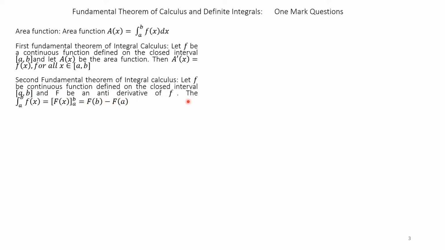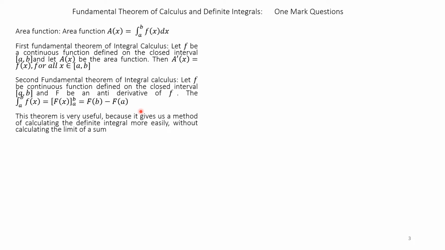Then the integral from a to b of f of x dx equals F of x evaluated from a to b, that is, F of b minus F of a. This theorem is very useful because it gives us a method of calculating the definite integral more easily without calculating the limit of a sum.